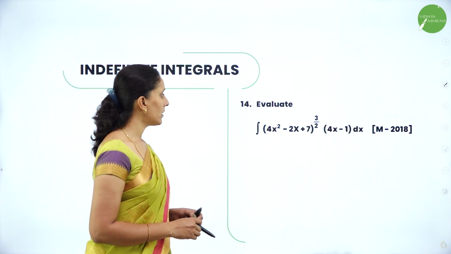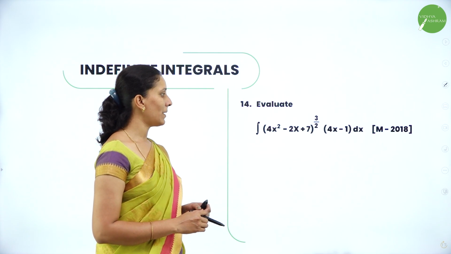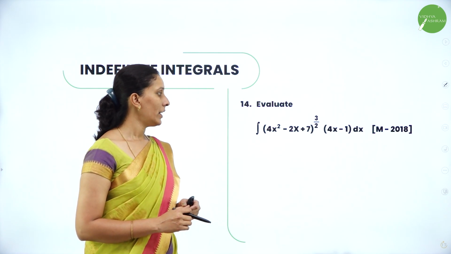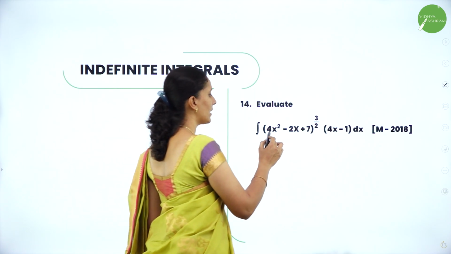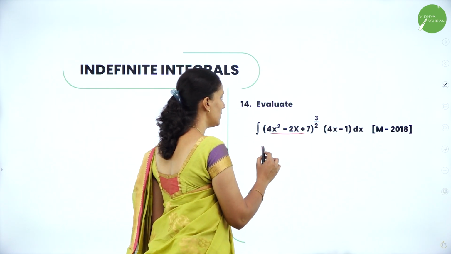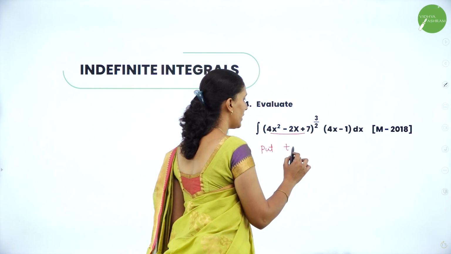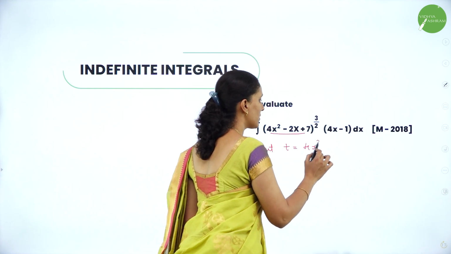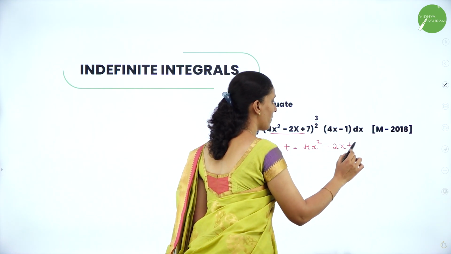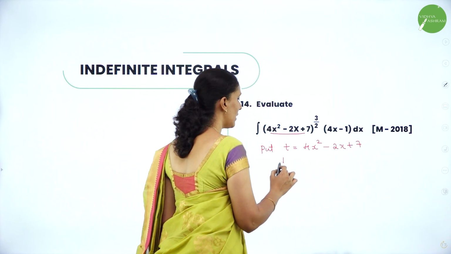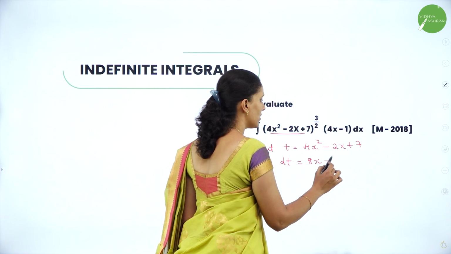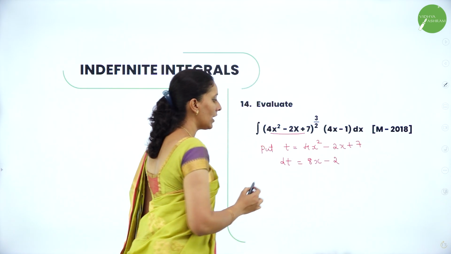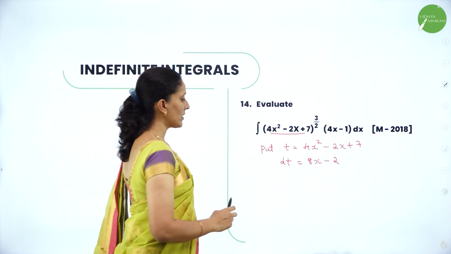Next one we have integral of 4x square minus 2x plus 7 to the power 3 by 2 into 4x minus 1 dx. Now here let me take this as function t. So put t is equal to 4x square minus 2x plus 7. Let me differentiate this, then I'll get dt is equal to 8x minus 2. So here let me take 2 as a common factor.